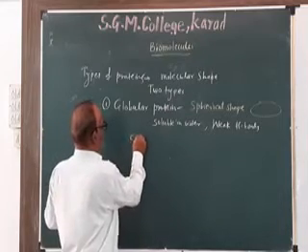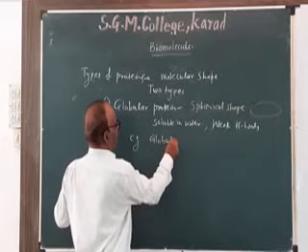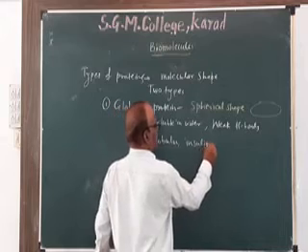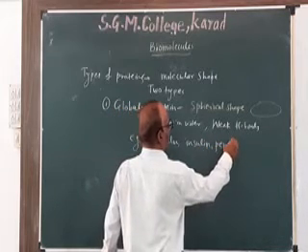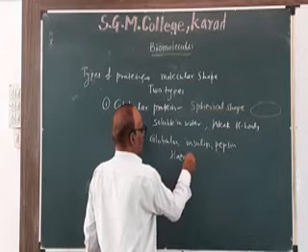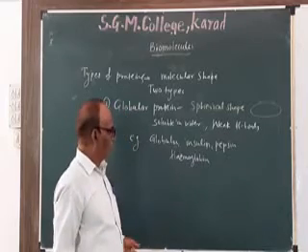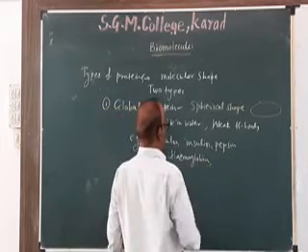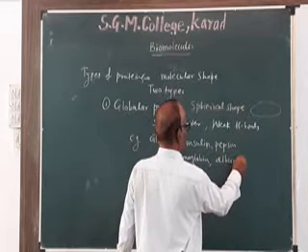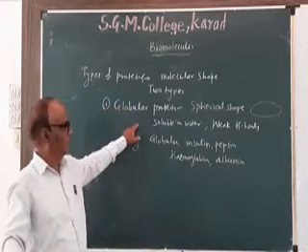Examples of this type of protein are globulin, insulin, pepsin, hemoglobin, which is present in blood and is a globular protein, then albumin, etc. So all these are examples of globular protein.